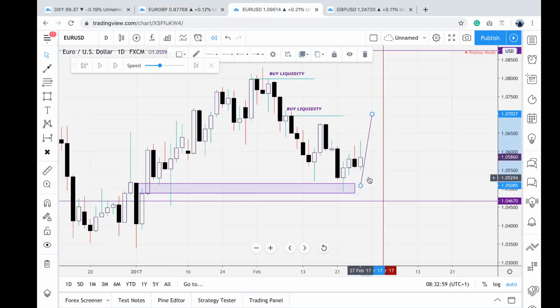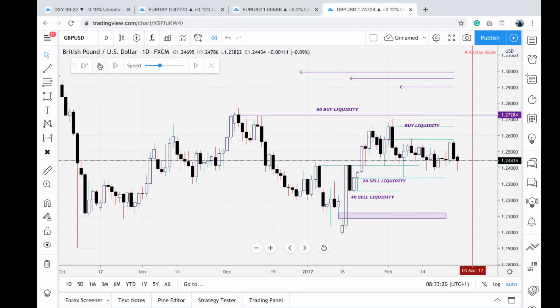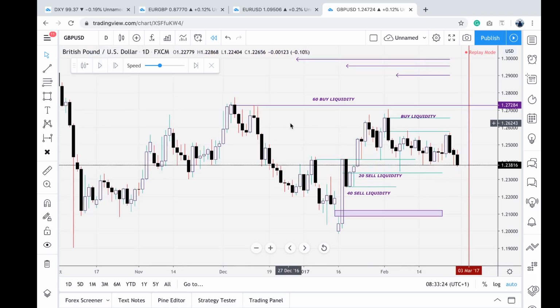Euro dollar, we still positioned ourselves for buys off this level. So until the market takes out our buy position of this level, we're still bullish. So no real change in price. Price just keeps going slowly. So let's see what pound US dollar does. Trades down.